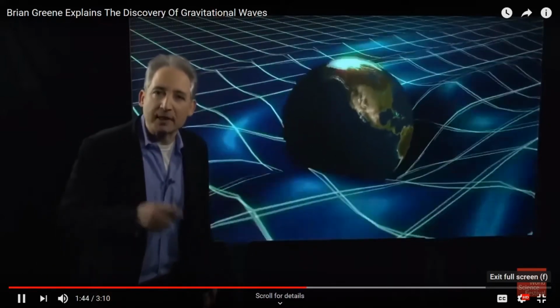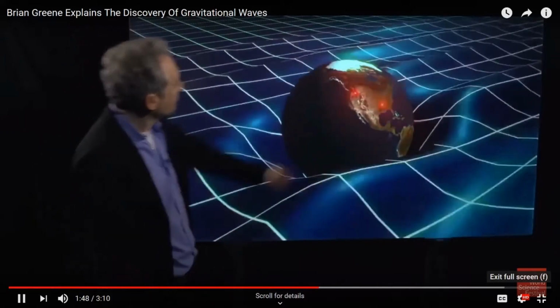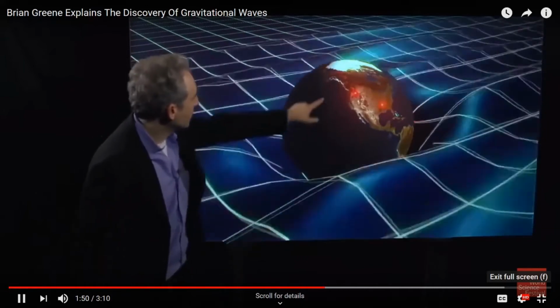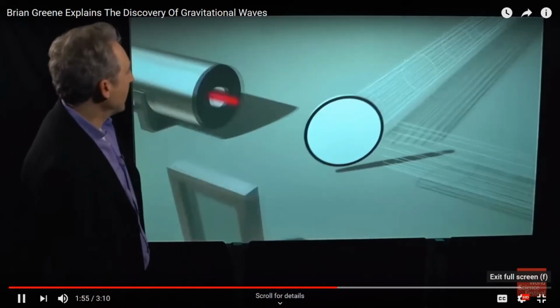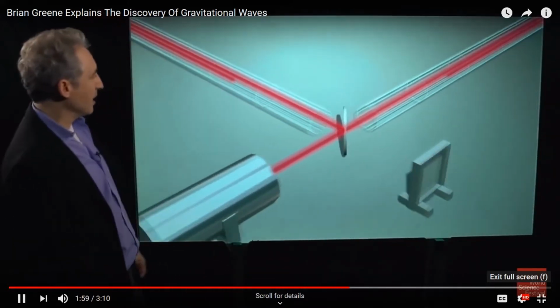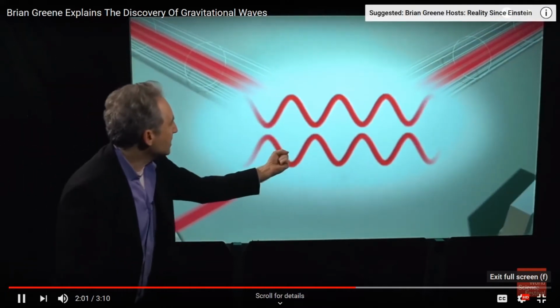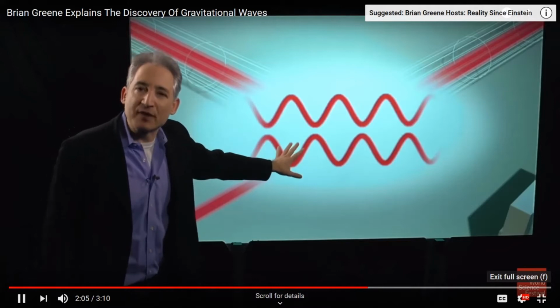But that is what the LIGO team has now achieved. And they did it with two detectors, one in Louisiana, the other in Washington State. And in these detectors, what they do is they fire laser beams along two 4-kilometer-long evacuated tunnels. And when the light recombines, it creates an iconic pattern. It's known as an interference pattern.